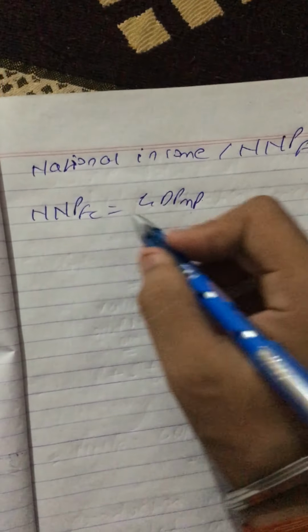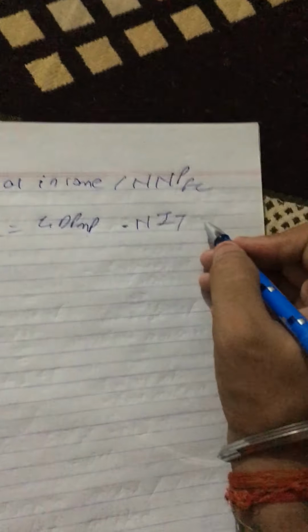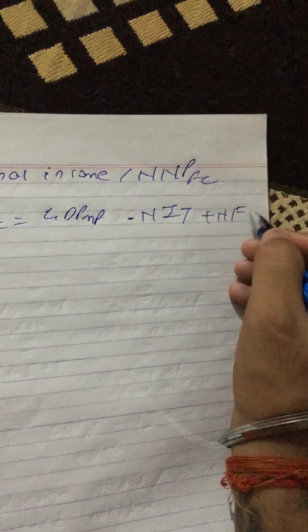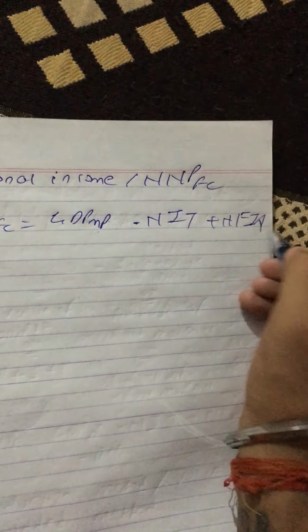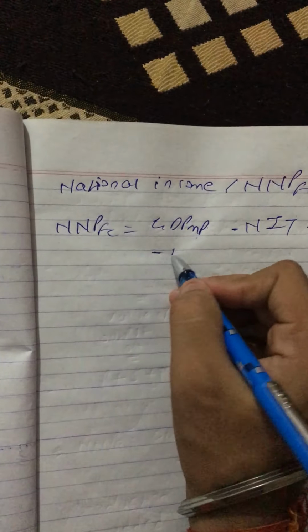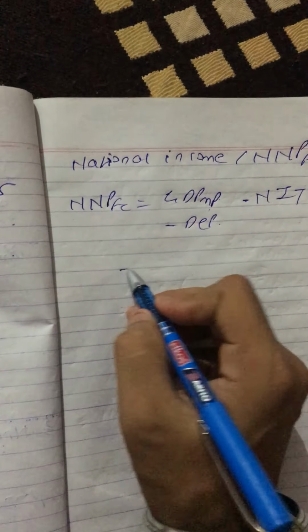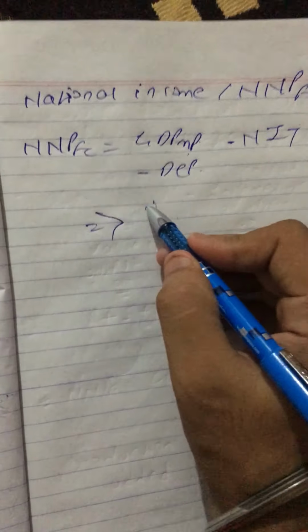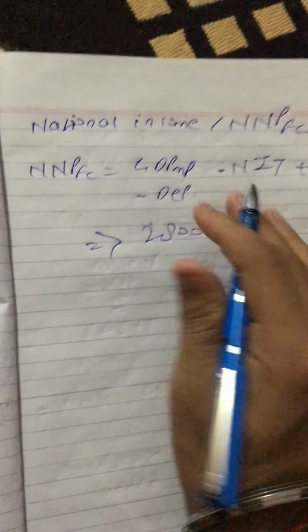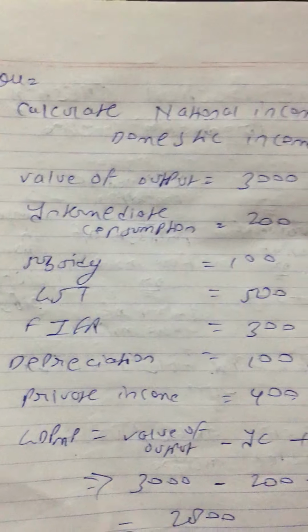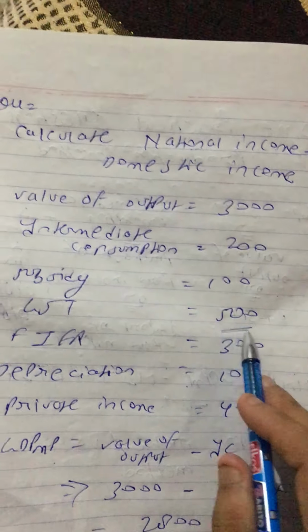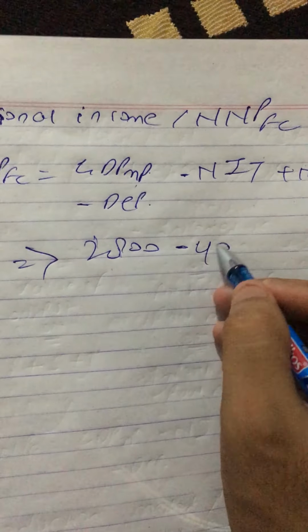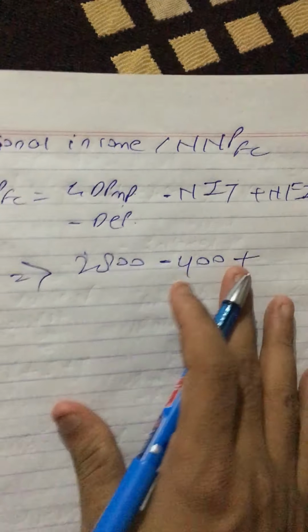Formula: MP to FC, so minus NIT, DP to NP plus NFIA, and gross to net minus depreciation. So GDPMP is 2800. NIT is equal to taxes minus subsidy. So tax is 500, subsidy is 100. So NIT will be 500 minus 100, 400, plus NFIA.